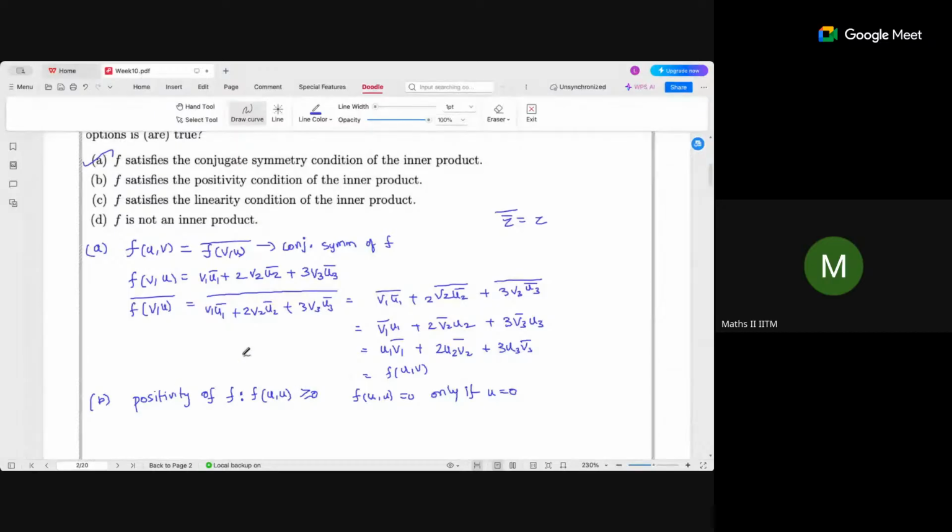These are the conditions for positivity. For that we need to find f of u comma u. In place of v we place u, so you have u1 u1 bar plus 2 u2 u2 bar plus 3 u3 u3 bar.